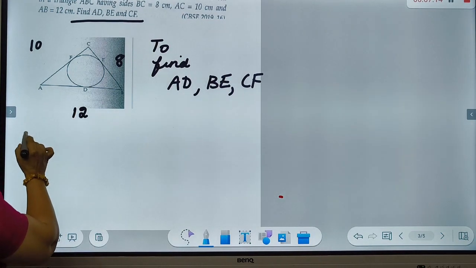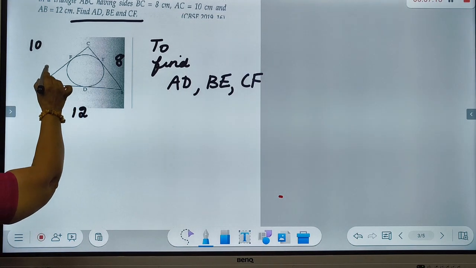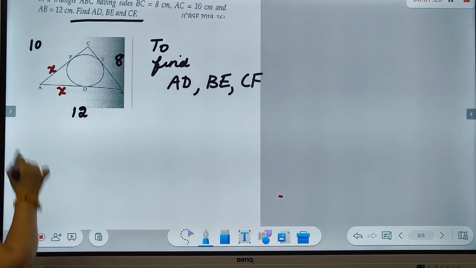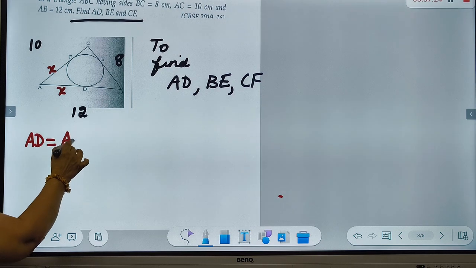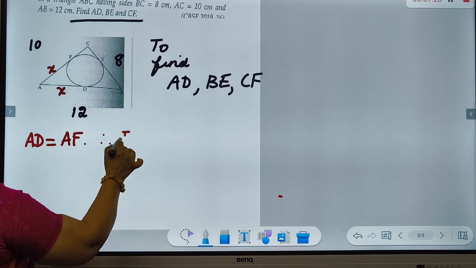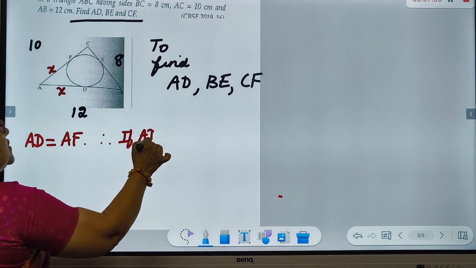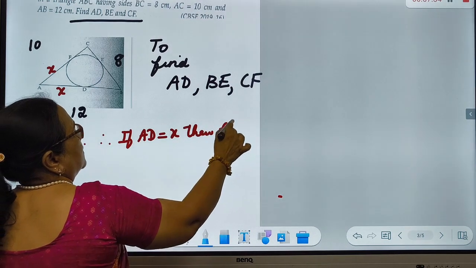So, if you let AD be X, then what do you observe? This will also be X. AD is equal to AF. Therefore, if AD is X, then AF is also X.